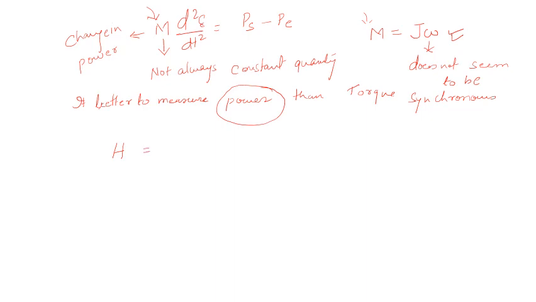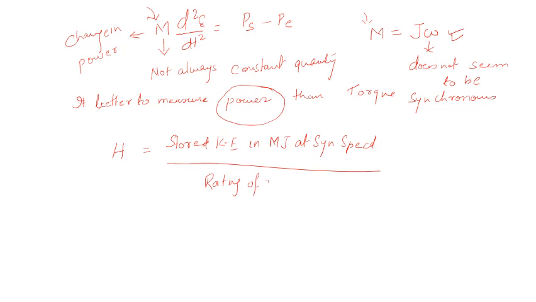I'll tell you the advantage here. Now H is the ratio of stored kinetic energy in megajoules at synchronous speed upon the rating of a machine in MVA.